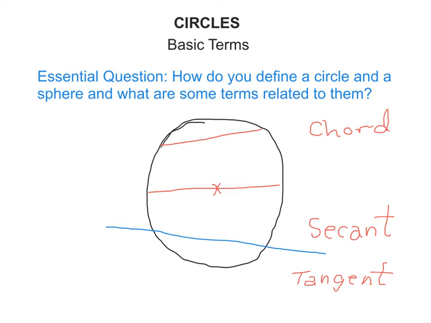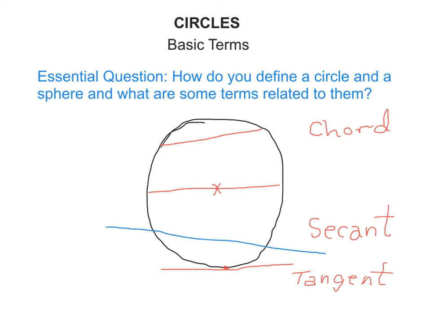So it's going to look like this. It's a line that basically touches the circle in one point. It doesn't cut through the circle in two points, it just touches the circle in one point. And that one point is referred to as the point of tangency.